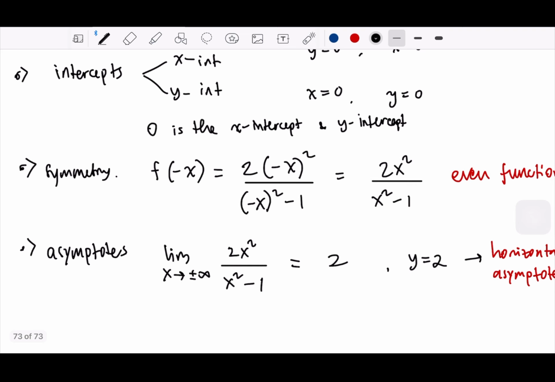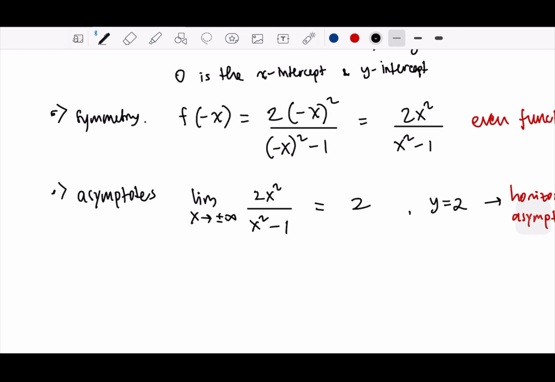And then as mentioned in the domain, we are going to have probably positive 1 or negative 1 as our vertical asymptote, and we can check all the possibilities.